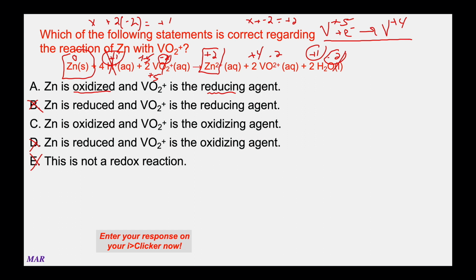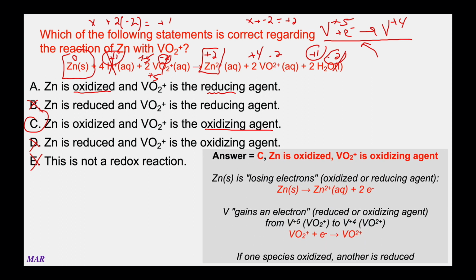So reducing agent basically says that VO2 plus has been oxidized. That's not the case, because we saw right here that vanadium is gaining electrons, it's being reduced. Something that's reduced is also known as an oxidizing agent. So in this problem, answer C is correct.